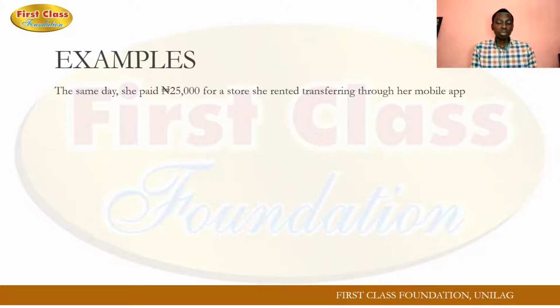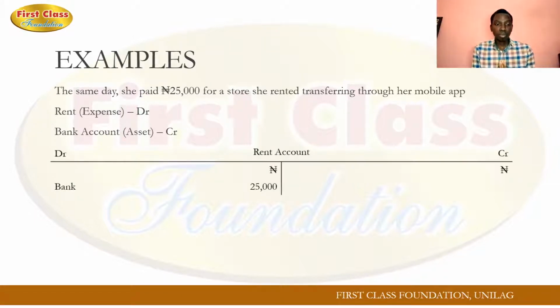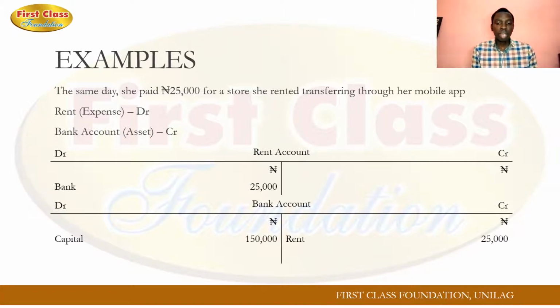So there's an increase in the amount of rent expense incurred by the business. So that makes us debit rent, which is an expense, with 25,000, and credit bank, which is an asset, because we are paying through the bank. That means the amount of money in the bank would be reducing at this point. So the rent account is debited 25,000 and our bank is credited with 25,000.